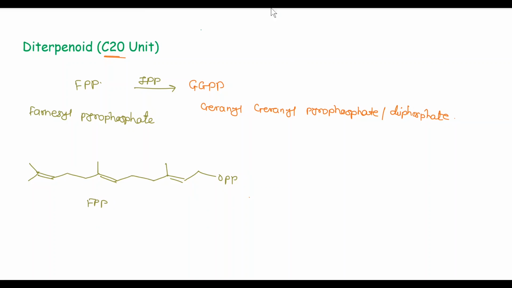In the first step, loss of pyrophosphate from this FPP gives an allylic cation.